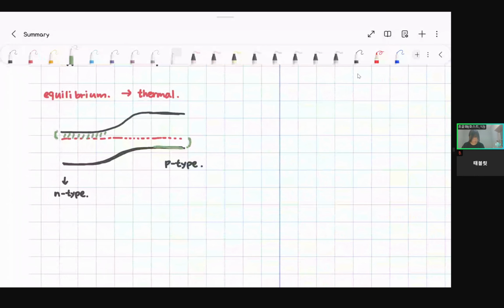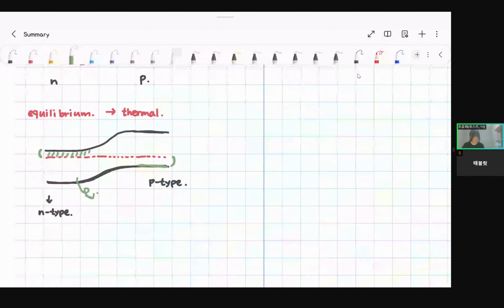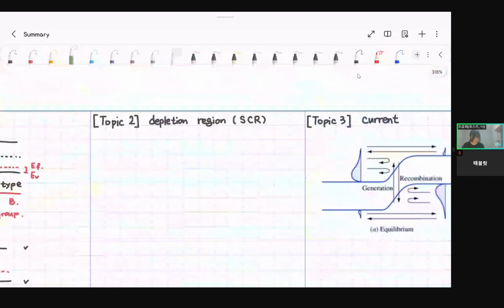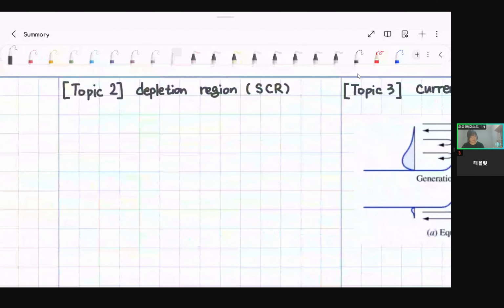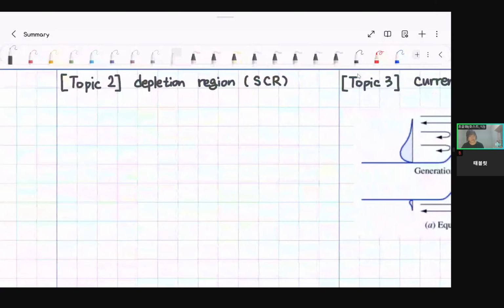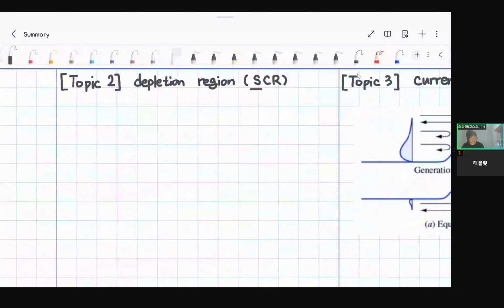So we also know that the N-type is doped more than P-type. And also, in the PN junction, we can see the depletion region. It is also called SCR, the space charge region.